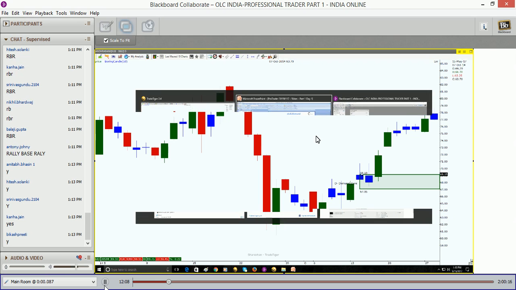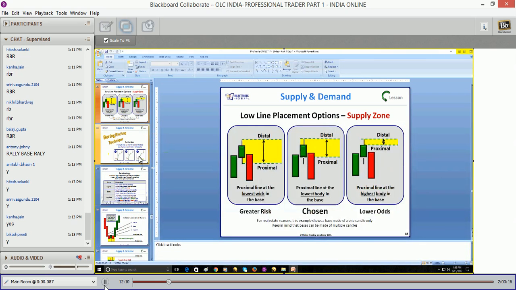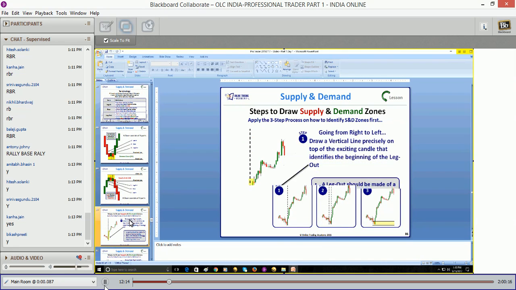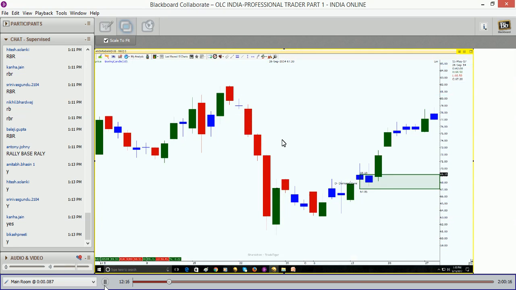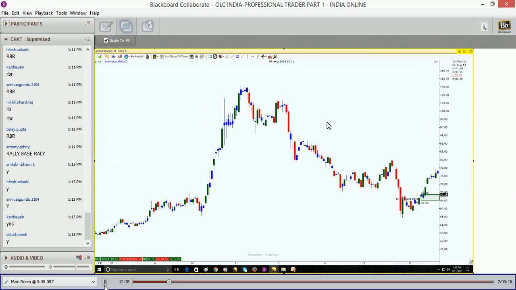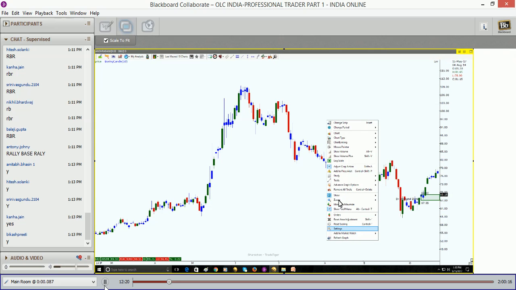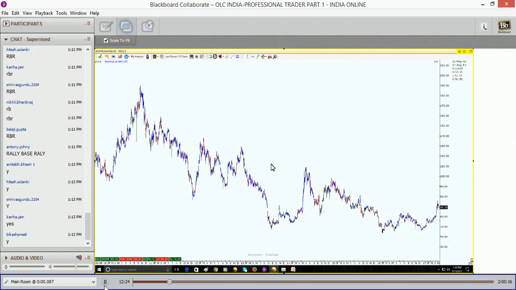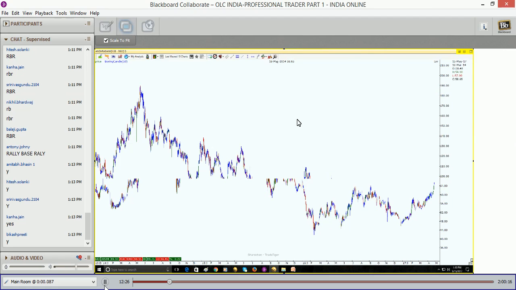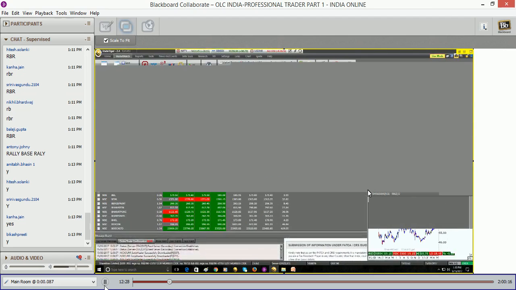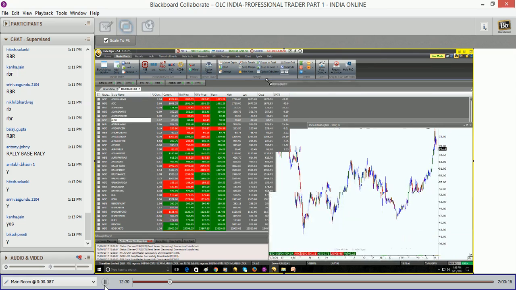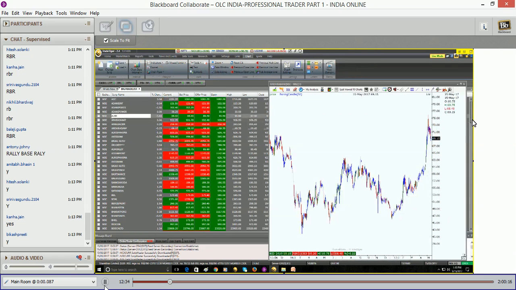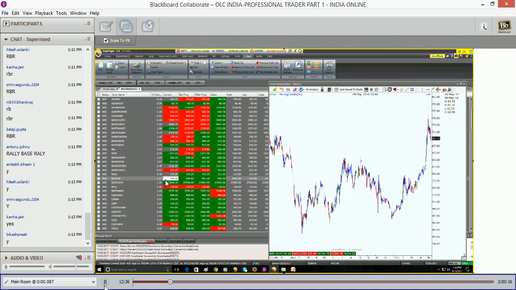Yeah. Now let's move on to supply zones, friends. We learnt about demand zones. Let's understand how to mark supply zones. Let's take an example. Let's go to the daily chart.